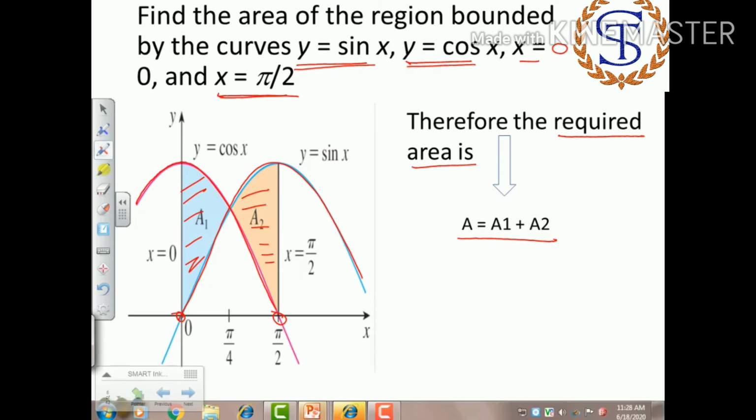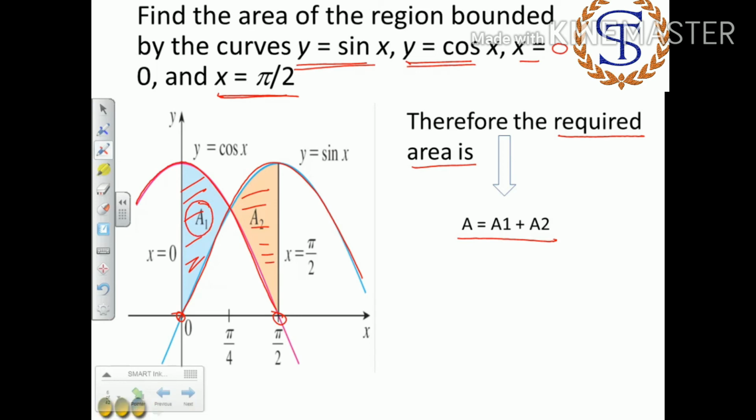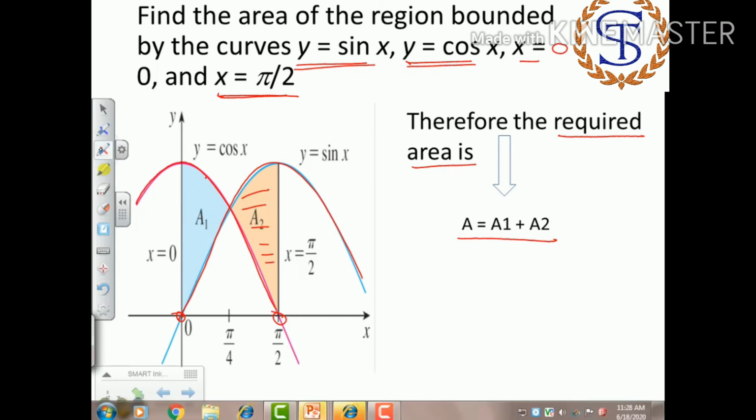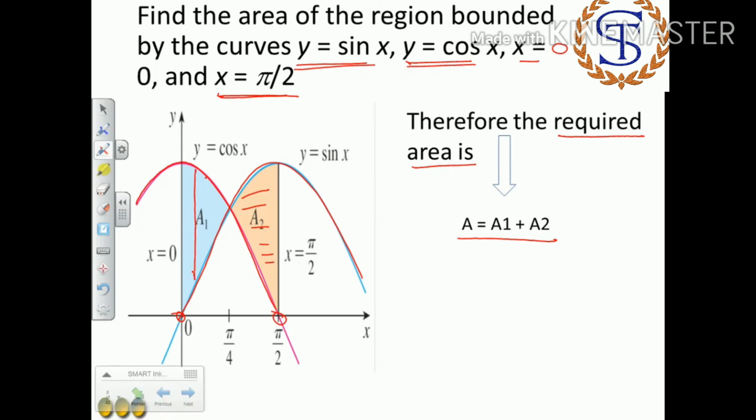Now first of all, to find this A1, again we have to consider a strip. We have to consider a strip in this shaded portion. This is a rectangular strip. Now what is the area of this rectangular strip? It is very simple. Let the length be y, and the width is dx.